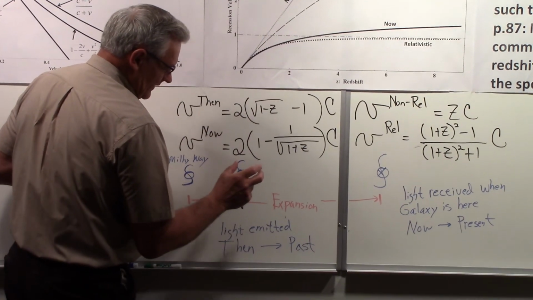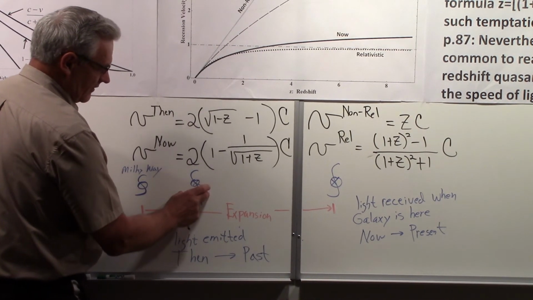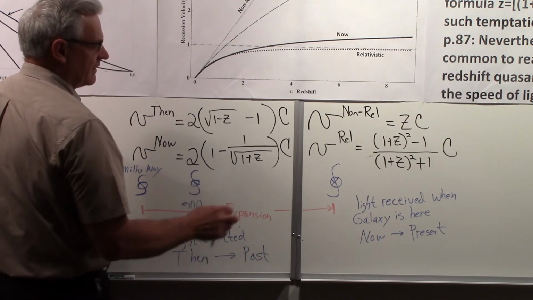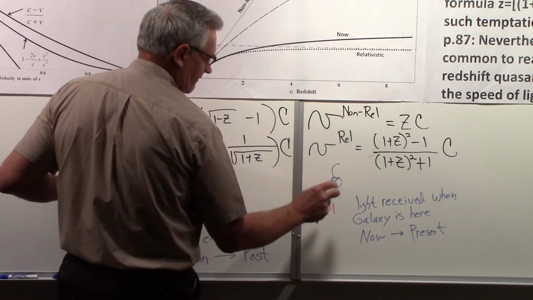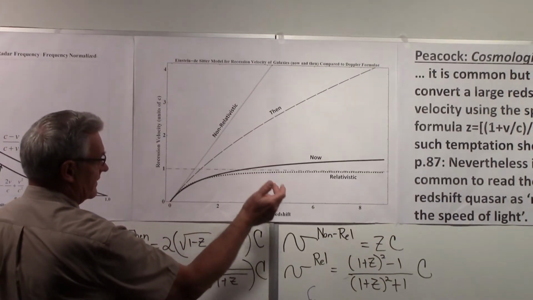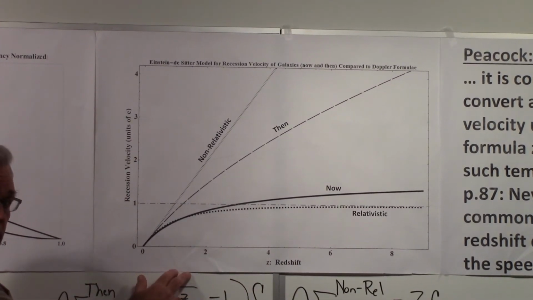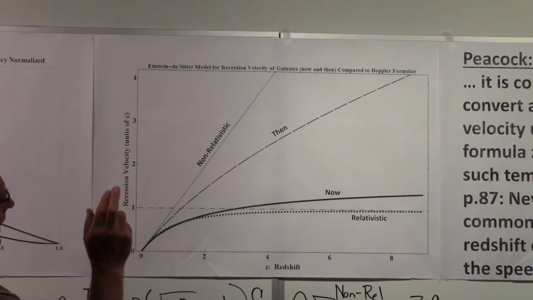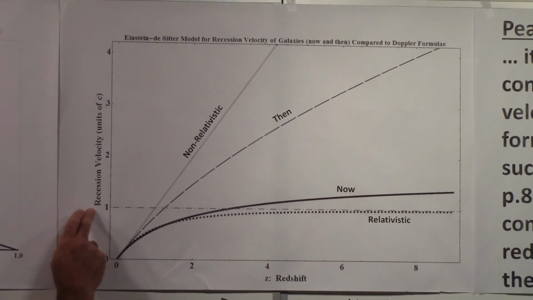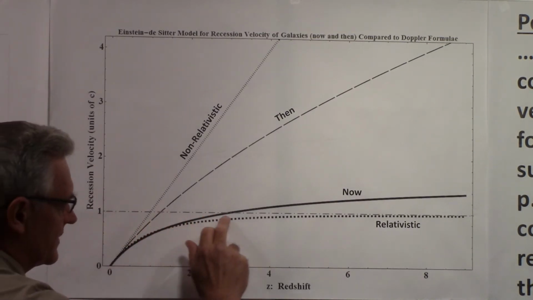So this is the then. The galaxy had a particular velocity here, v then, when the light was emitted, and this is what the velocity would be, v now. They are plotted here along with the non-relativistic and the relativistic formulas, as a function of z, the redshift, with the recession velocity in units of c. So with 1 right here, that means v would be equal to c, and that's this dashed line across here.